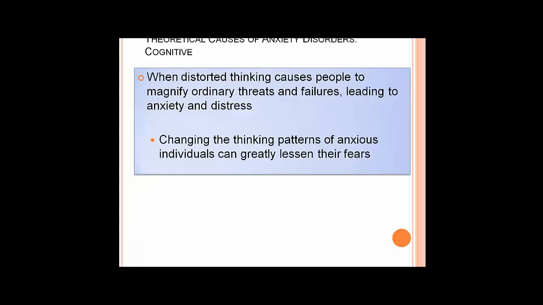This leads to the types of panic disorders and phobias that we were talking about earlier when we were talking about anxiety disorders, and that is we can be conditioned to fear a certain behavior or event or set of circumstances, and so even when that set of circumstances is gone, there's a fear remaining if something similar to those circumstances occurs.